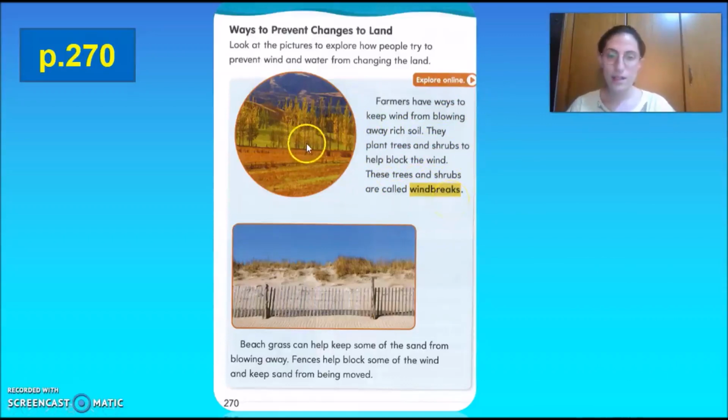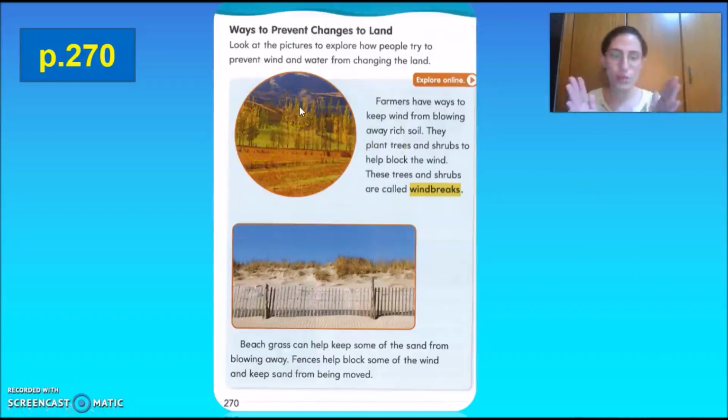So they're telling us that, as we studied previously, erosion by wind over many years, what does it do? It carries away the good rich soil on top and leaves the farmers with useless land to plant. So in order to protect their lands, the farmers came up with a way, that is to plant trees and shrubs, which are types of plants, next to each other in a row, forming a big high wall to block the wind.